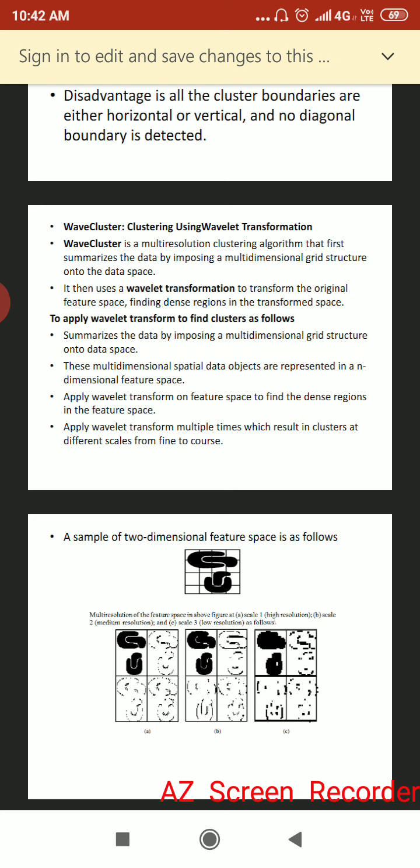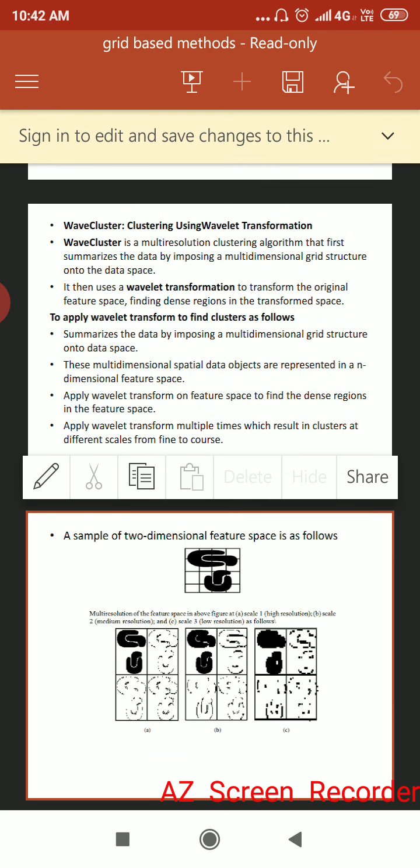The first is high resolution, the second is medium resolution, and the third, scale 3, is low resolution. That means the wavelet transformation transforms the original feature space, and we can find the dense regions in the transformed space.